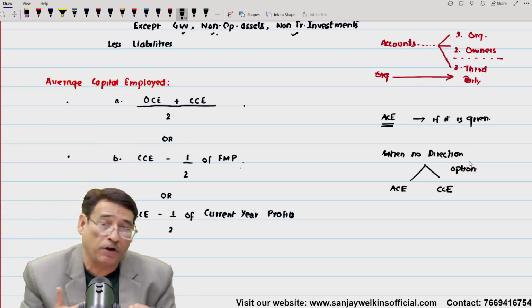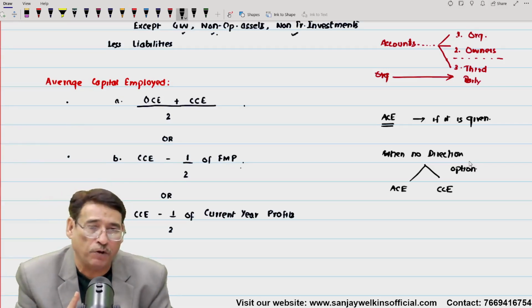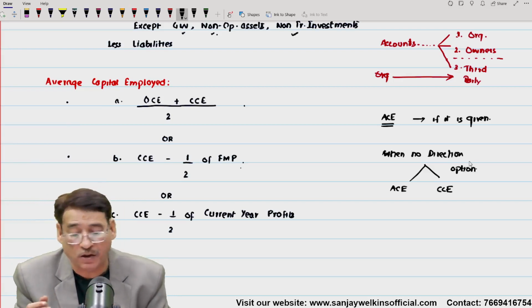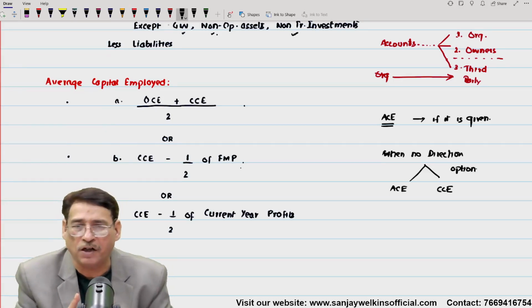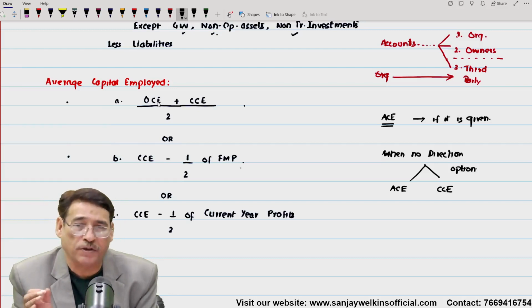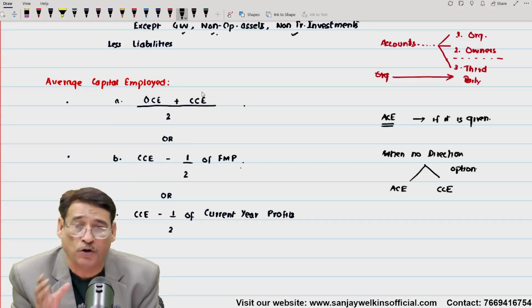Anyway, coming over to the average capital employed. Obviously, when the question asks us to compute normal profit on the basis of average capital employed, I have three possibilities to compute it. Quite obviously, the first possibility is: OCE means opening capital employed, CCE means closing capital employed.